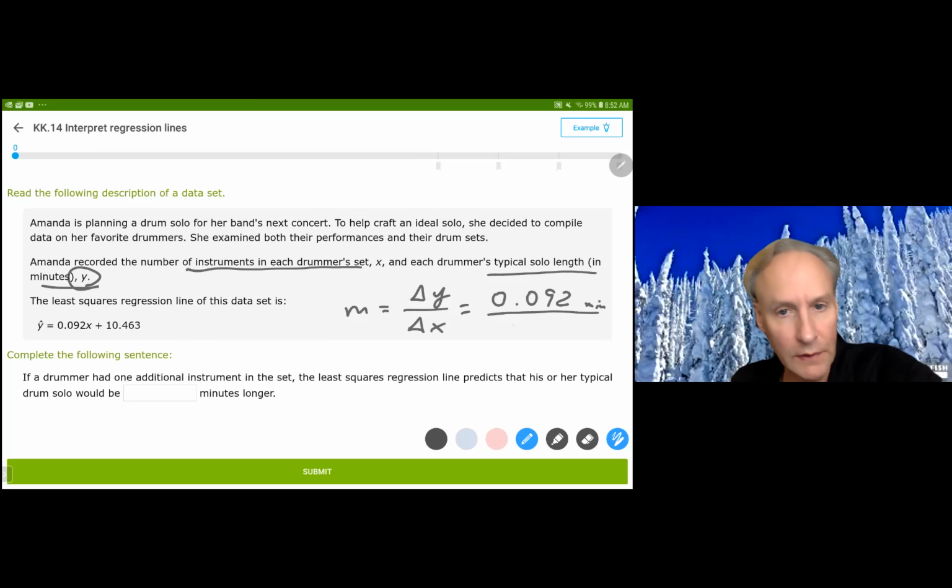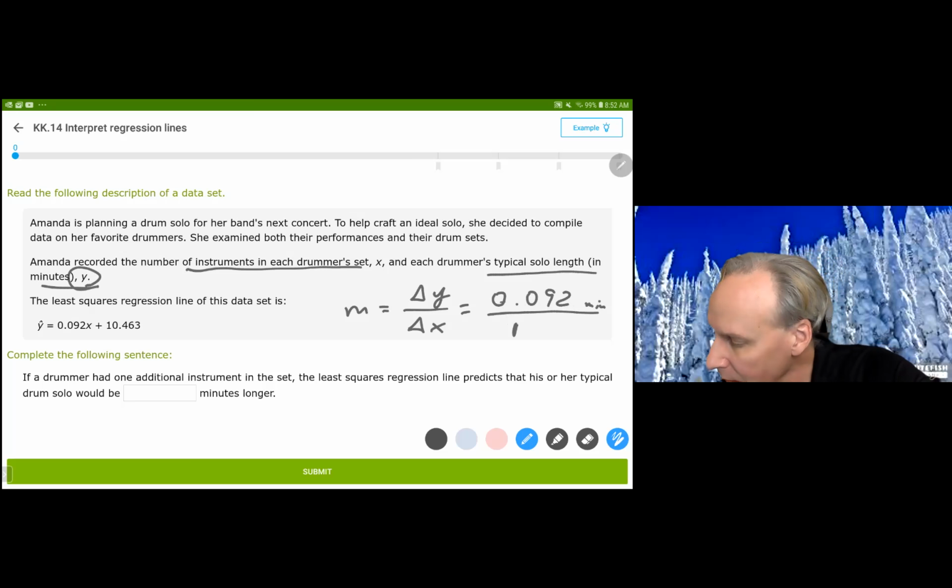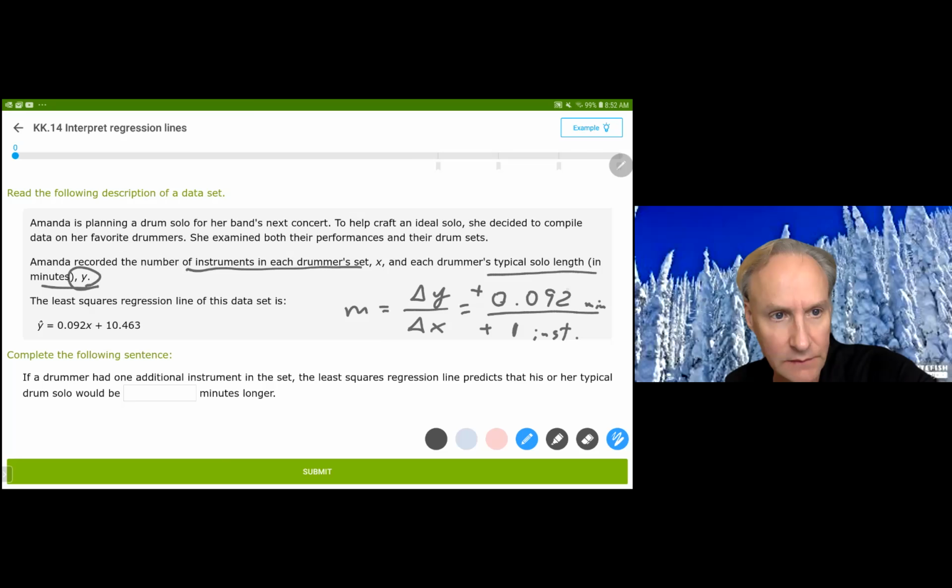And this is over 1, because it is really a decimal, but even if we write it as just a decimal, we can put it over 1 so that we have one instrument. So for each additional instrument, we expect that the drum solo will last 0.092, or about 10% longer, 9.2% exactly, longer than if it didn't have that instrument.